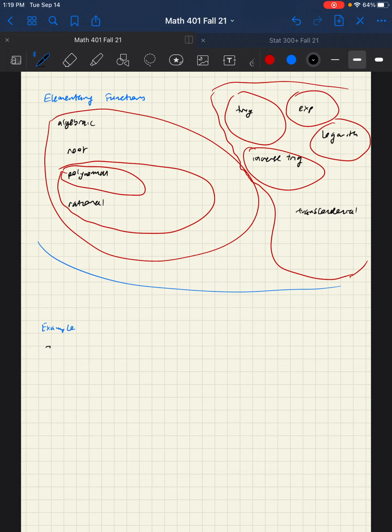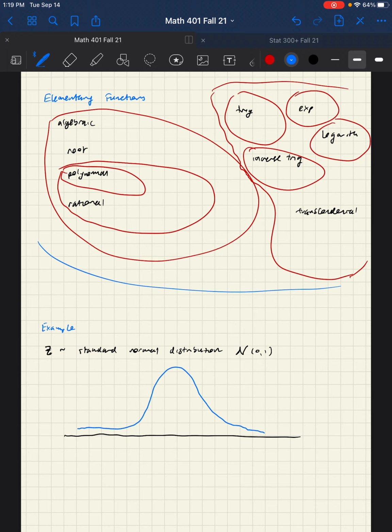But if you've taken statistics or are vaguely familiar, we say a random variable, capital Z, has the standard normal distribution, which is also written curly N(0, 1), if the probability density curve for the function looks like a bell shape, centered at 0, and with a standard deviation of 1.